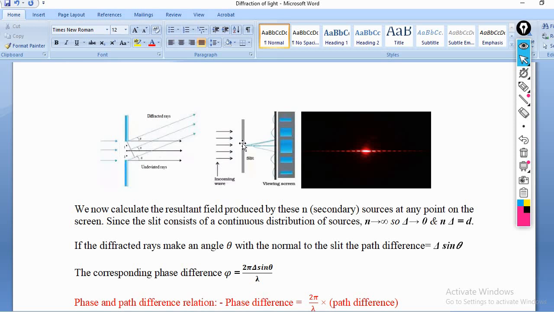The slit satisfies a condition. What is this condition? The slit width d is comparable to the wavelength of the incident wave, of the same order. If they are of the same order, then the diffraction pattern will be produced, and one can get a central maxima and so on. So what happens there? Think of a wavefront somewhere here, and then think of some of the secondary waves.